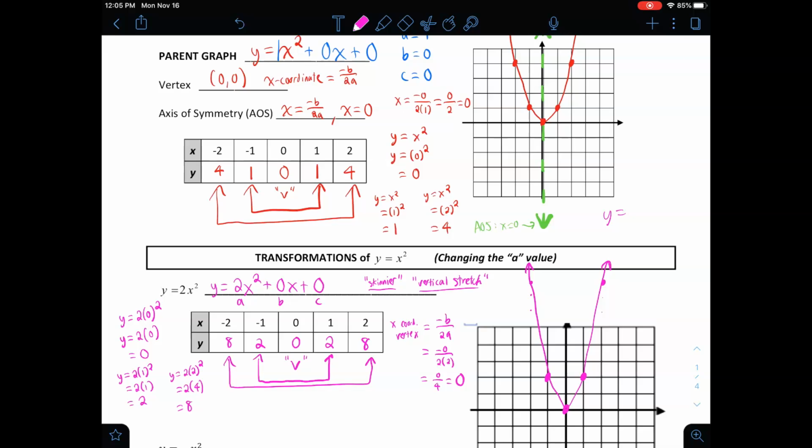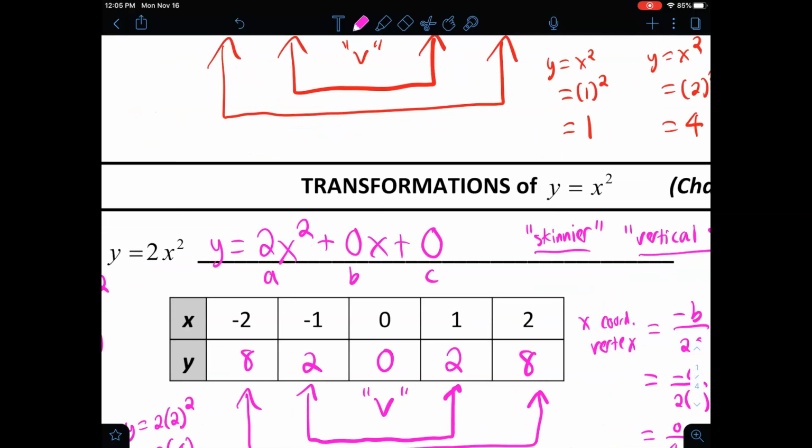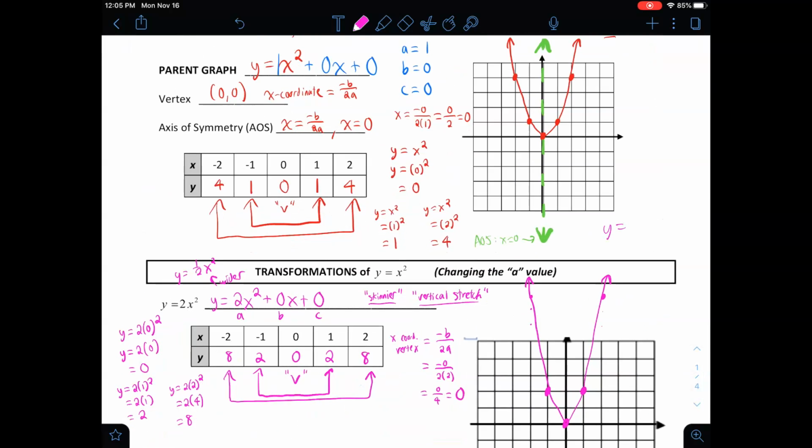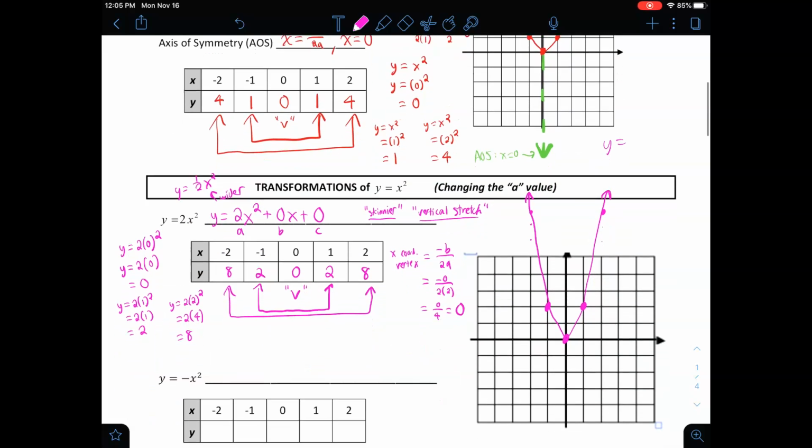Same thing here. If you have a 2 or anything bigger than 1, it's going to stretch vertically and become more skinny up and down. And if you have something that's less than 1, like a fraction, that's going to be a wider kind of parabola. So if you had y equals 1/2 x squared, that's going to be wider. But if the a value is greater than 1, it's going to be skinnier.